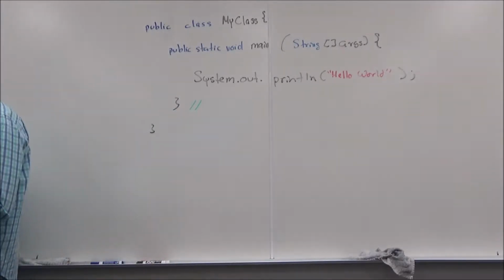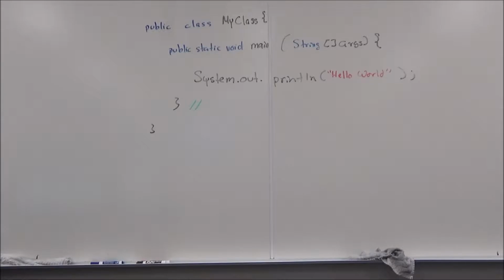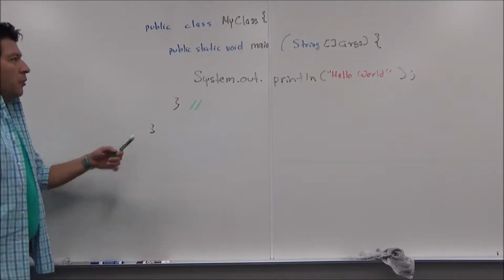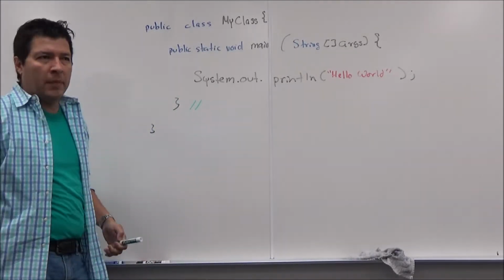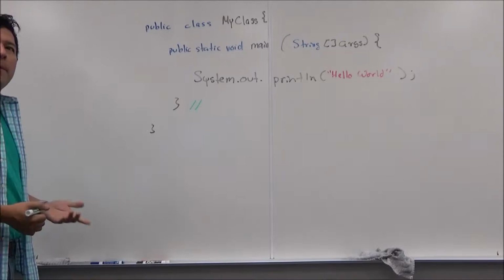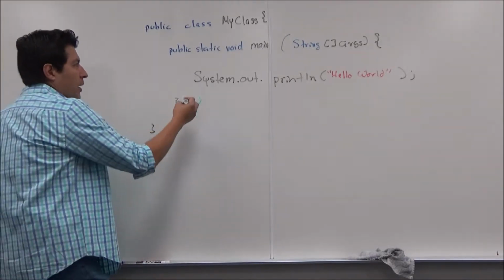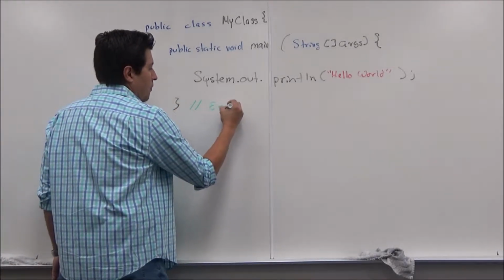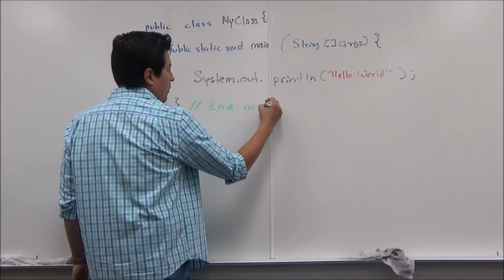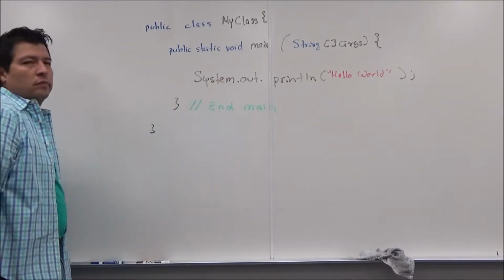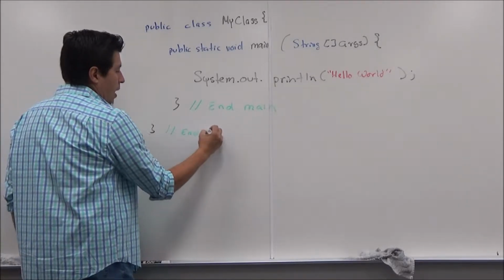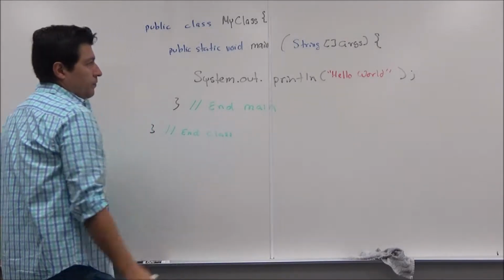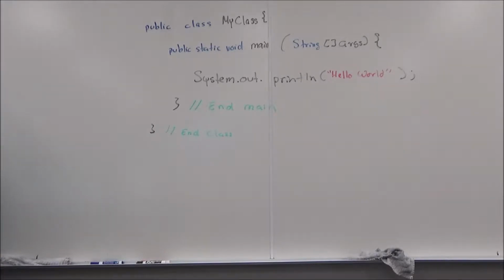It's called comments. When the compiler reads your code, this is not code. These are just comments that are ignored at compile time. So I can say here, in main maybe, and here I can say, in class, whatever you want to write there.